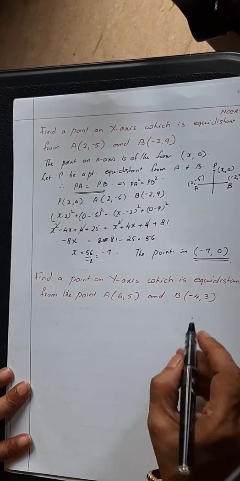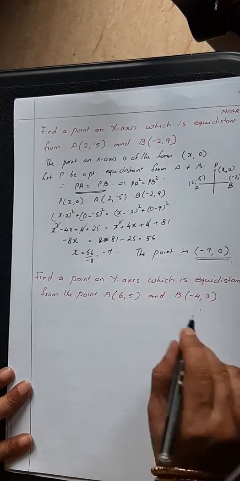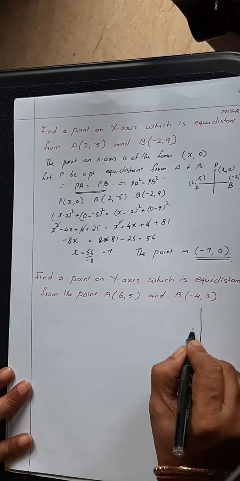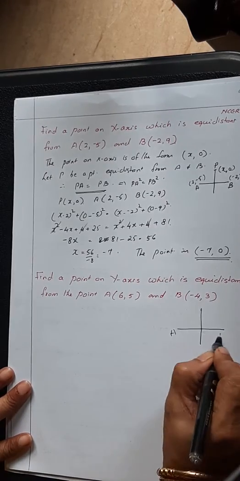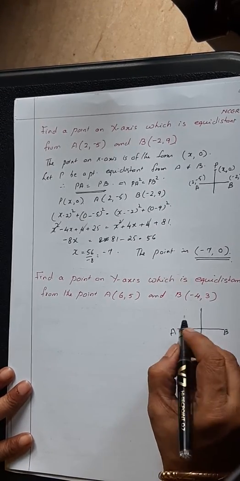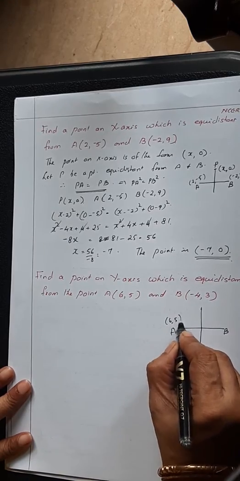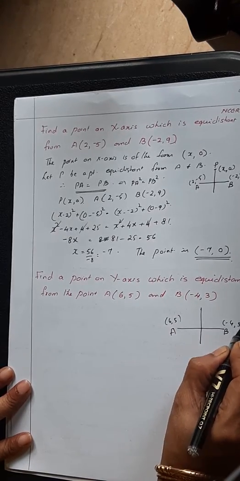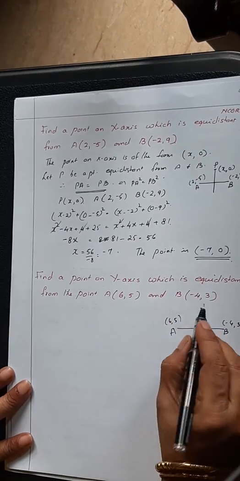The same concept we will be using here. So it is on the y axis. So on the y axis, this is the point, A is (6, 5), B is (-4, 3). And on the y axis, the x coordinate is 0.